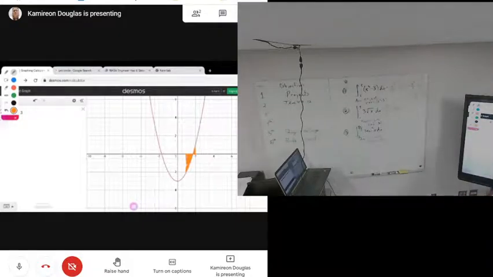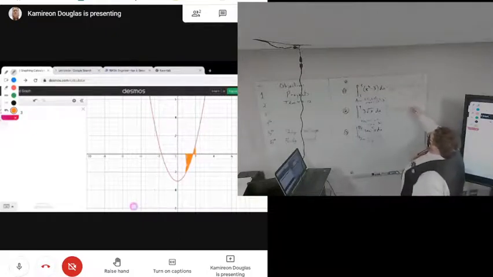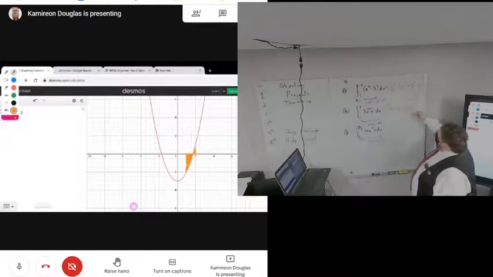When I integrate, I add 1 to the power and then divide by the new power. So the 3 stays at 3. X to the 1/2 becomes x to the 3/2. Add 1 to the power, divided by the new power, 3/2. Evaluate it from 1 to 4.